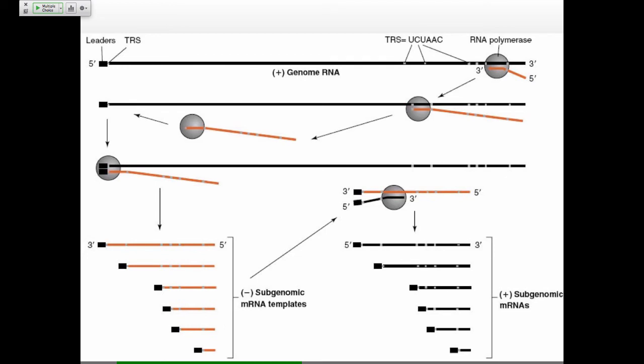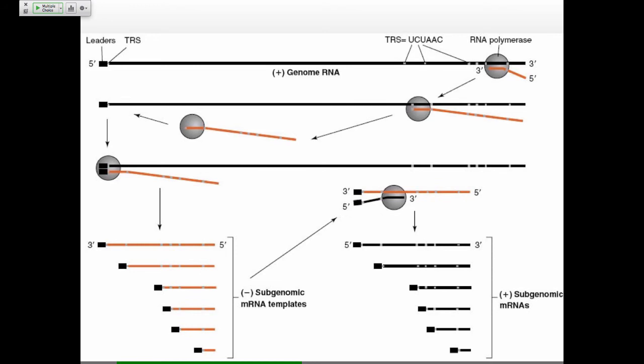So messenger RNA production for the coronaviruses has to do with the RNA-dependent RNA polymerase, just like all RNA-dependent RNA polymerases, replicating from 5' to 3', which is going to be from 3' to 5' along a template. But these RNA-dependent RNA polymerases can jump, and they'll jump to this sequence right next to the 5' leader sequence that's present at the 5' end of the genome.